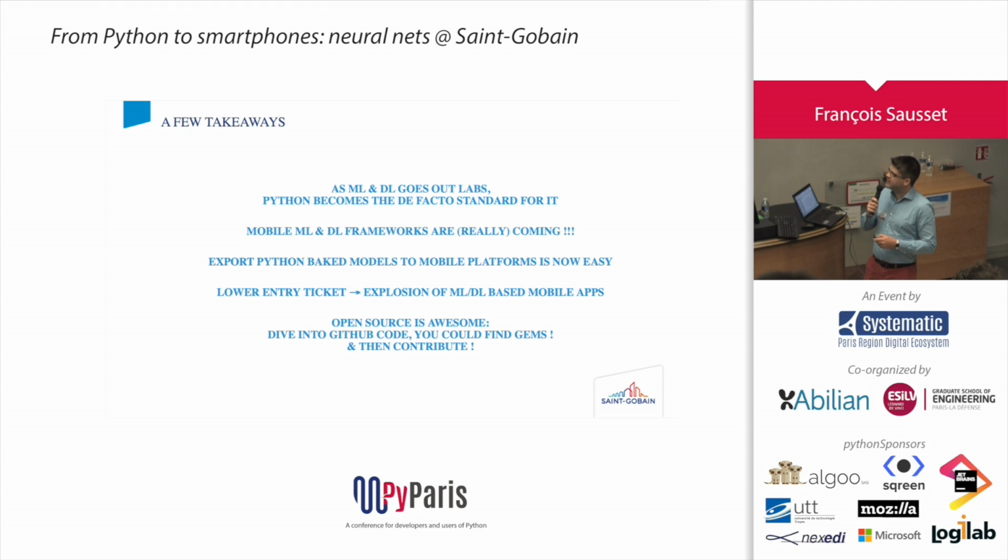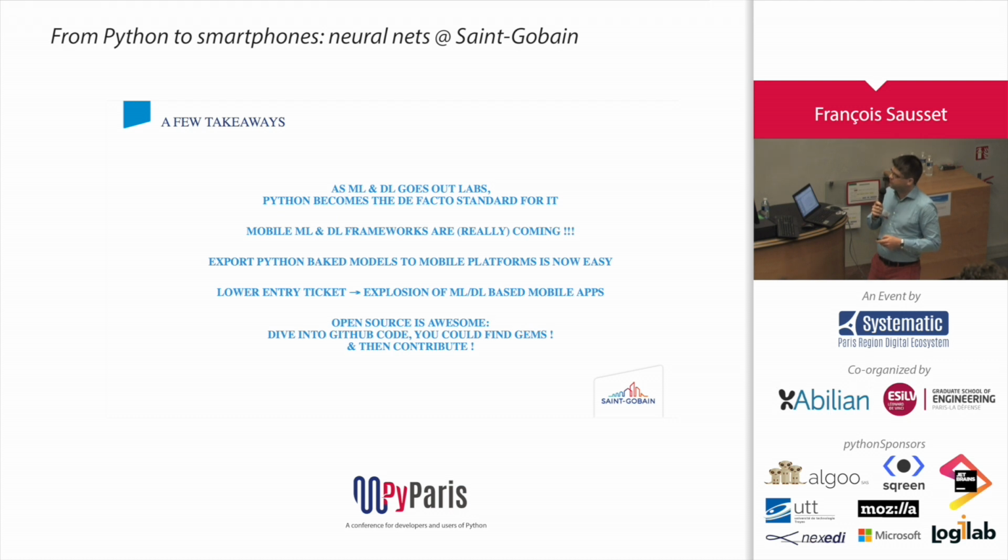One good news is that this type of mobile frameworks are coming. It's recent, but they will come, and the first one will be on iOS in September. And it's not only deep learning, also some scikit-learn models could run on iOS. So it's quite nice.